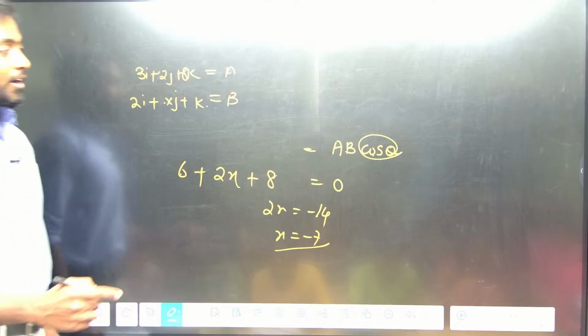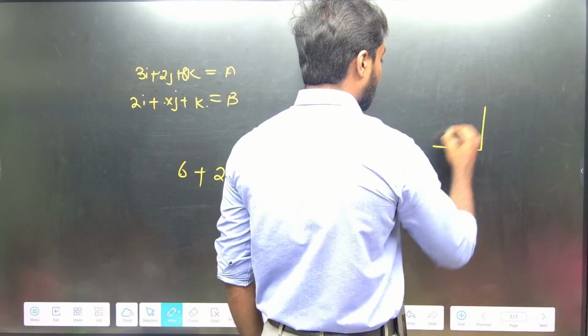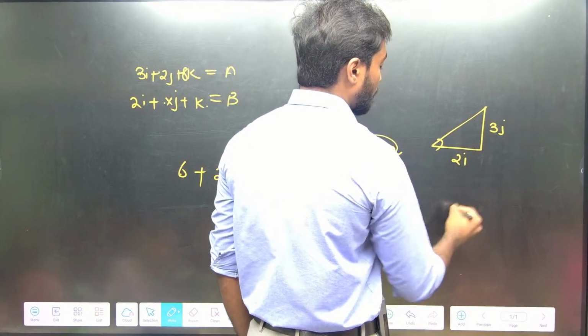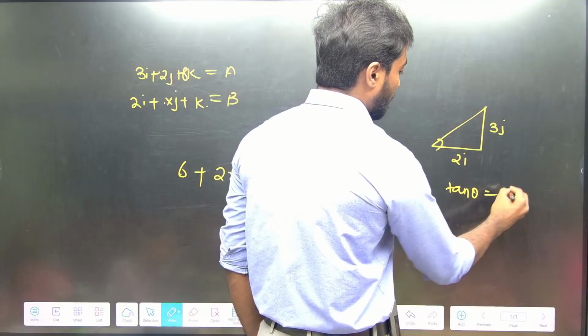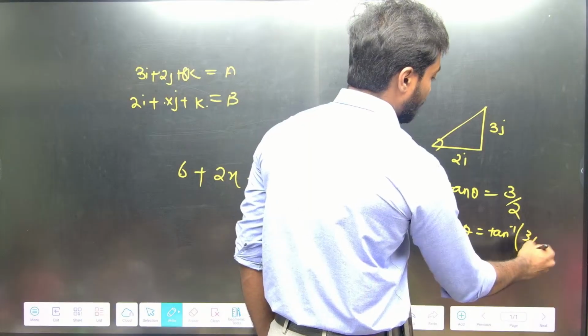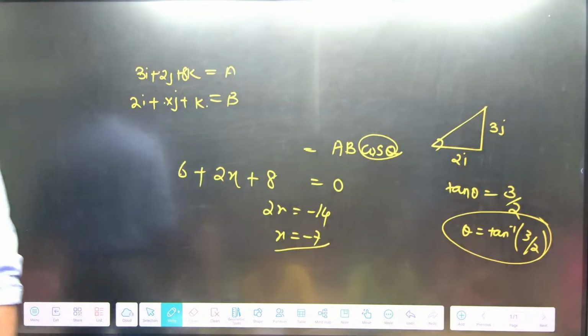2i cap, 3j cap, the angle between them: tan theta will be equals to 3 by 2, theta will be equals to tan inverse of 3 by 2. Getting the point? This one we have seen in the slope, no?